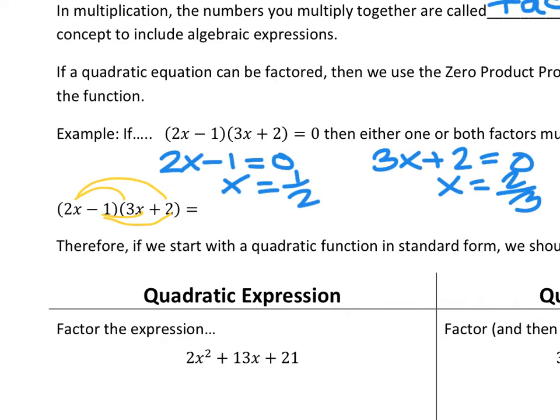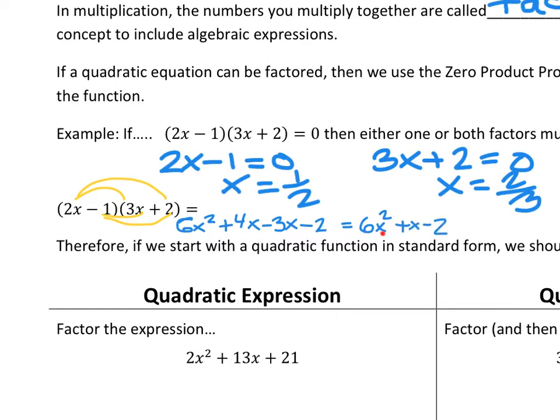So 2x times 3x is 6x squared. 2x times a positive 2 is a positive 4x. Negative 1 times a positive 3x is negative 3x. And negative 1 times a positive 2 is a negative 2. And you can see here, if I combine my like terms, that this simplifies to 6x squared plus x minus 2.